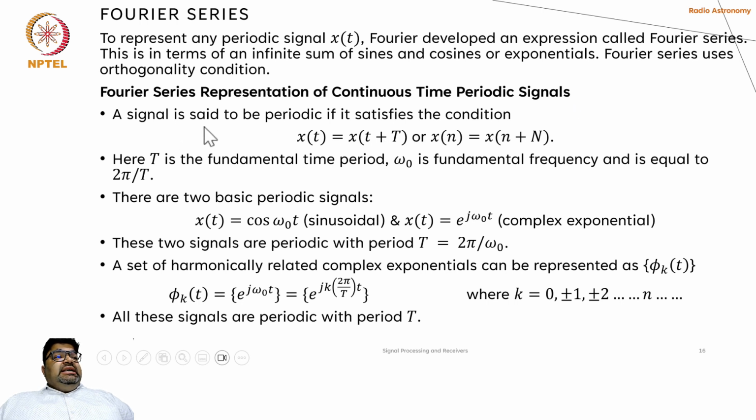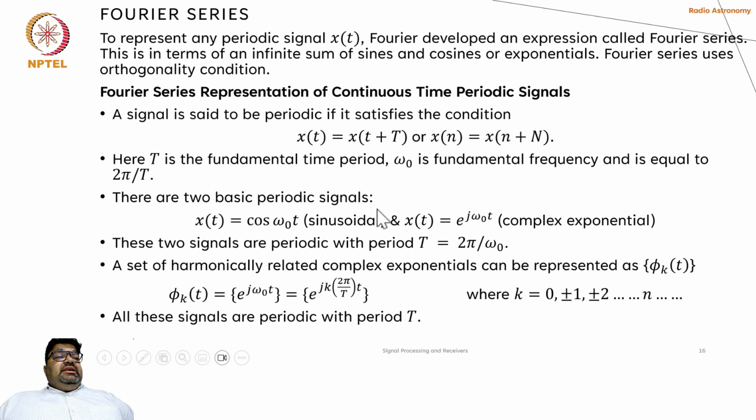A signal is said to be periodic if it satisfies the condition x(t) equals x(t plus T), where capital T is the time period. Similarly, in discrete signals, x(n) equals x(n plus N), where N defines the period.